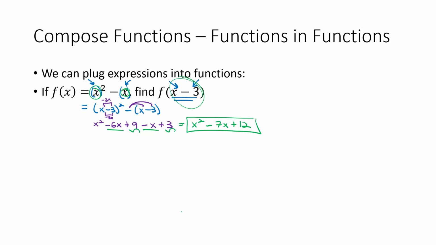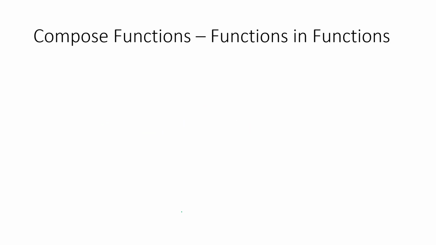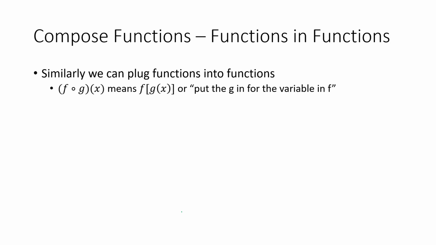Now we have a fancy way to show this exact same process, and that is what we call the composition of functions. This is where you're going to see that open dot. That does not mean multiplication. F of g of x is what that means. Often it's written with f and the g of x is inside of the f.